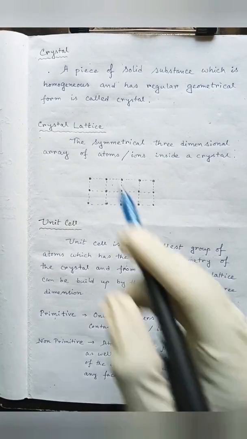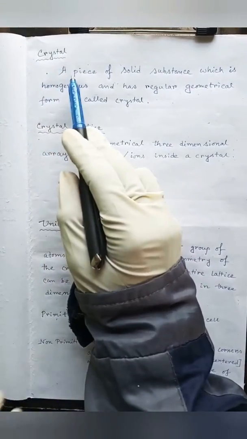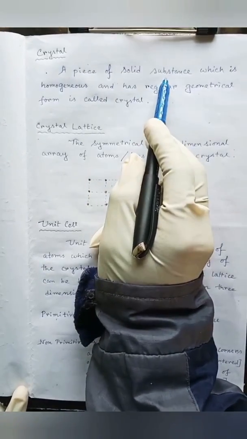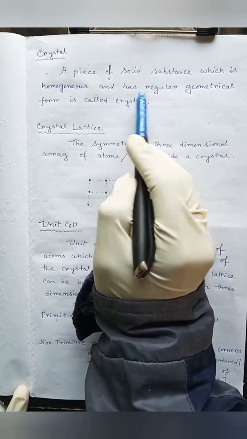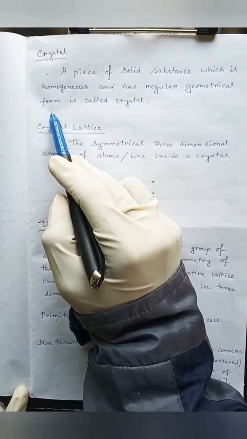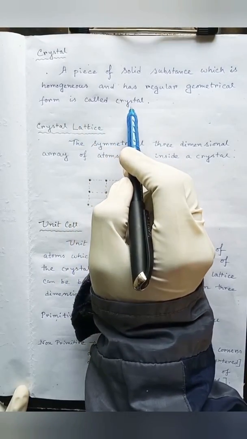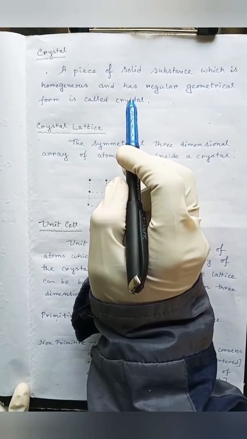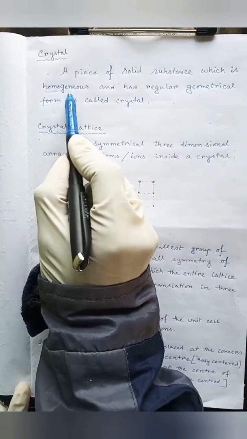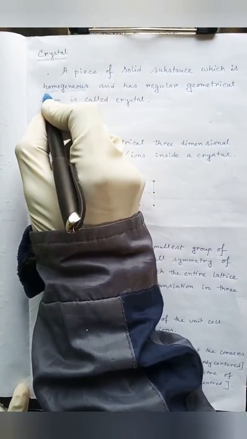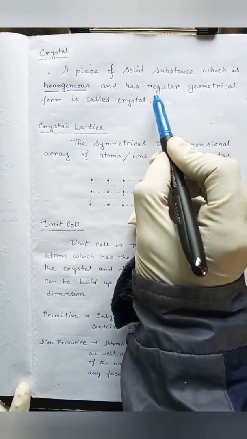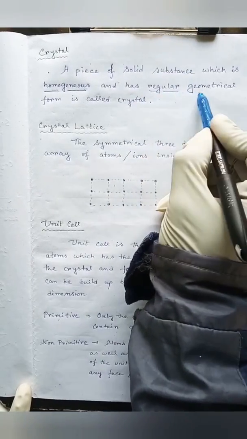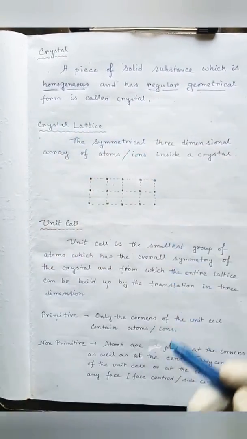Now, what is crystal? A piece of solid substance which is homogeneous and has regular geometrical form is called crystal. The main important thing is this word homogeneous, and the regular geometrical form.